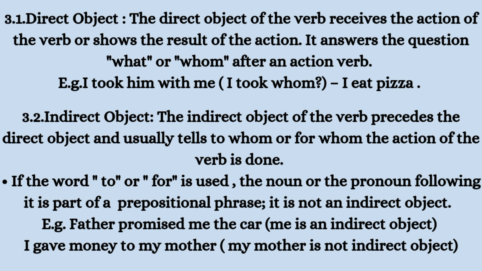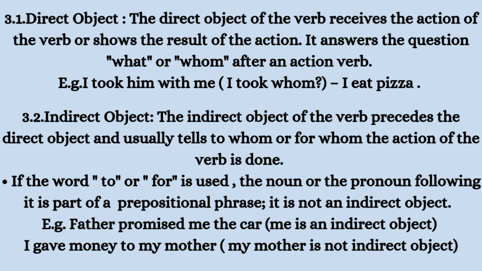Indirect object of the verb precedes the direct object and usually tells to whom or for whom the action of the verb is done. وبه نقدروا نعرفوا موقع indirect object في الجملة نسقسوا بزوج أسئلة لمن ولماذا. Okay? If the word to or for is used, the noun or the pronoun following it is part of a prepositional phrase.